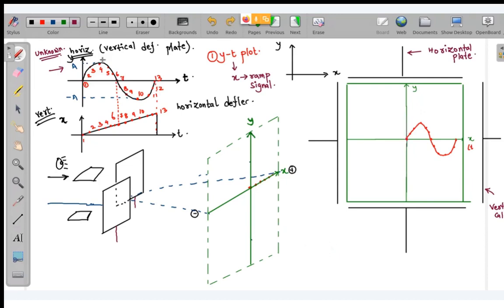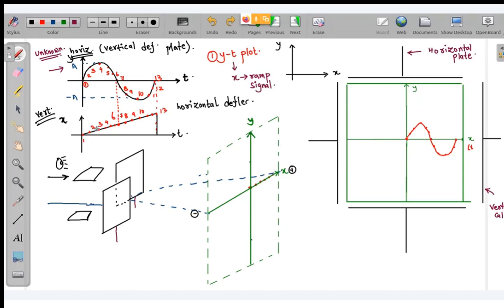This ramp signal has a particular name, and it has a very important task. Can you tell me what it is doing? Just look at the signal. It is basically mapping your time.